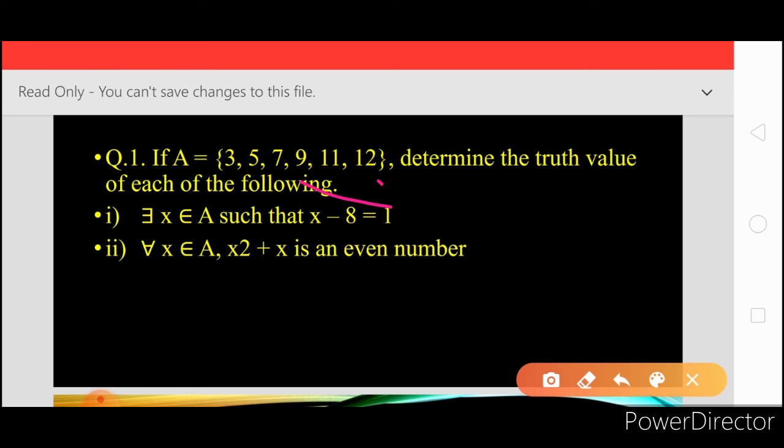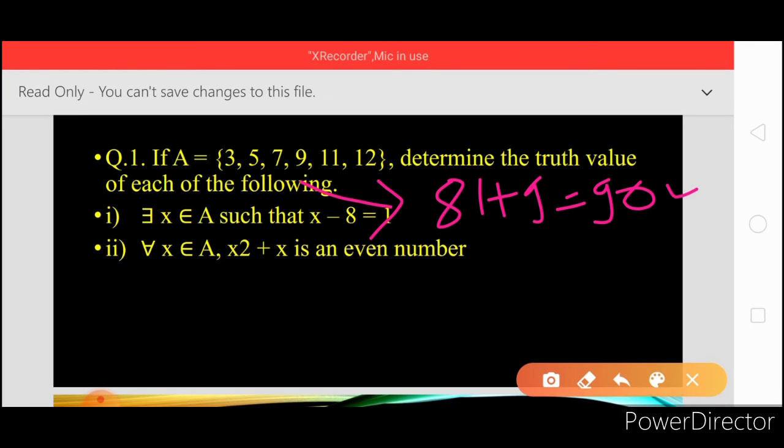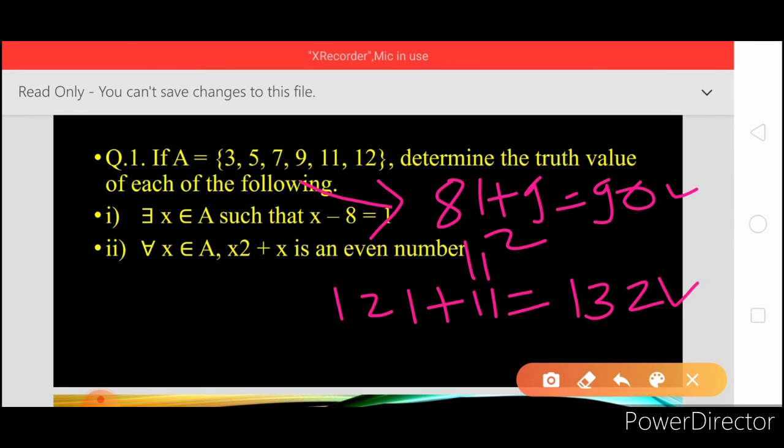Now check for 9. 9 square is 81, 81 plus 9 equal to 90. It is also even, which means for 9 it is also true. Now check for 11. 11 square is 121 plus 11, so we get 132, and 132 is also an even number.